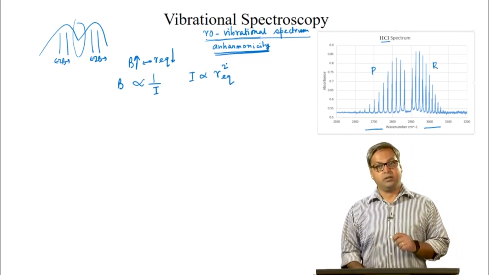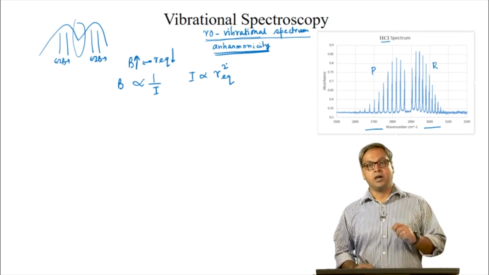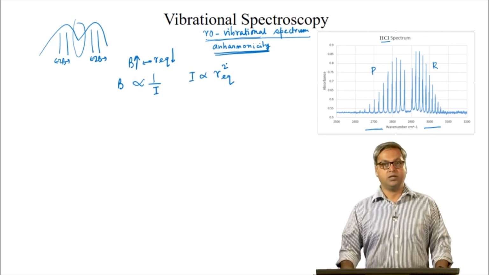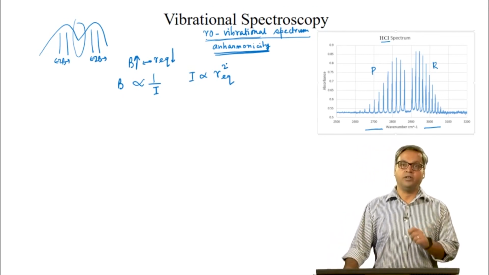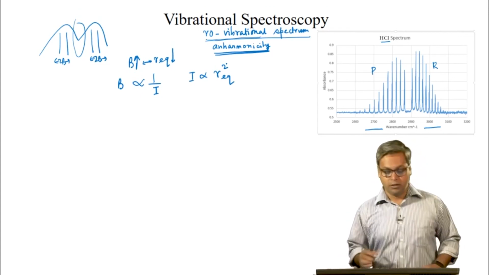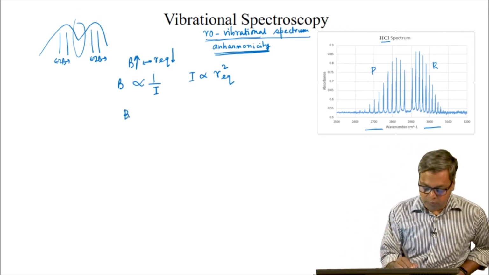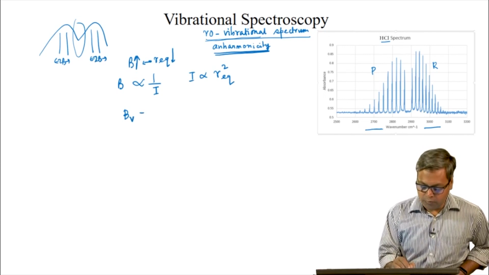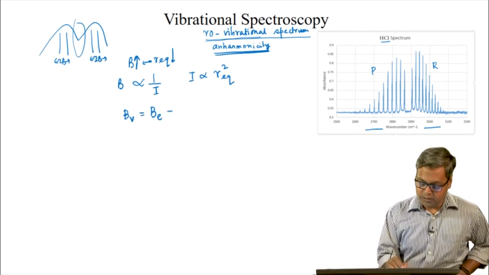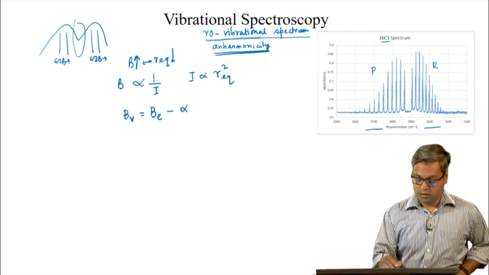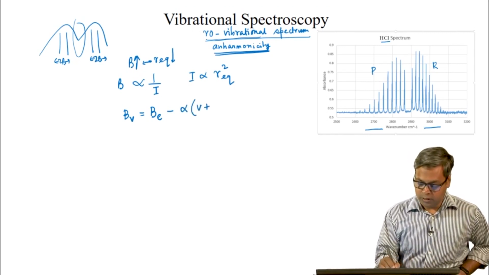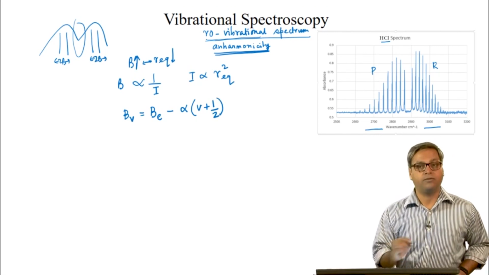The expression that relates the rotational constant in different vibrational levels is given by B_v equals B_e minus alpha times (v plus half).